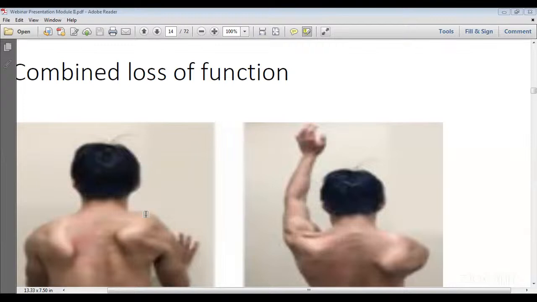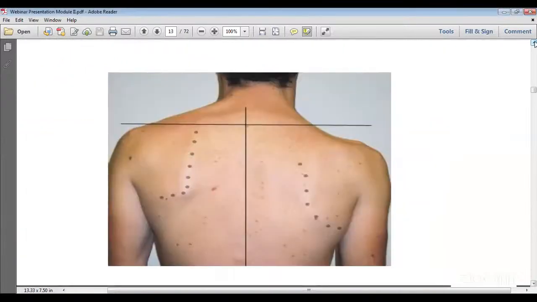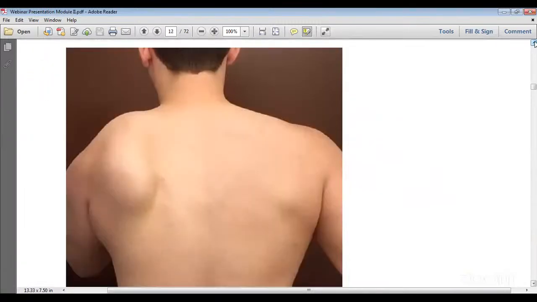Those are the joints that join the scapula to the body. So it is difficult to mobilize them, but you can strengthen the trapezius and the serratus anterior by virtue of exercise.